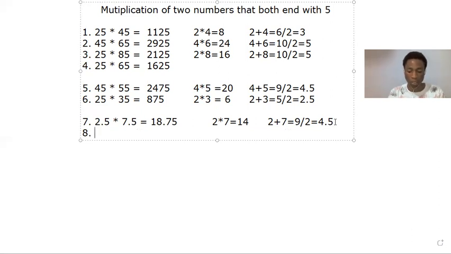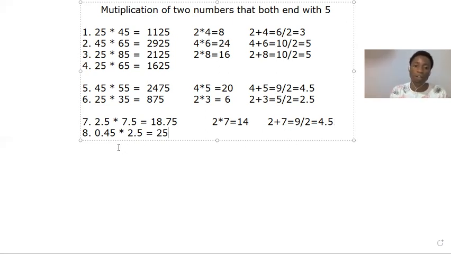So let's pick another question on this. So if I say I'm choosing 0.45 times, let's say, 2.5, something like this. Okay, so like we've been doing, 25 at the back.